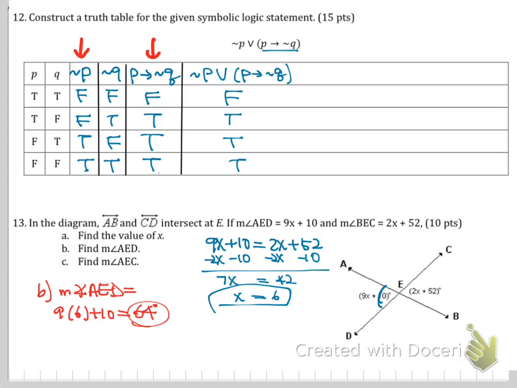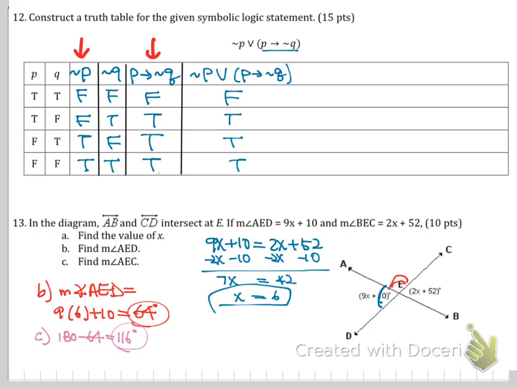What is AEC? AEC is the supplementary angle to that one. So we get choice C. Choice C is supplementary to this one, so 180 minus 64, which is equal to 116 degrees. So that becomes our answer.